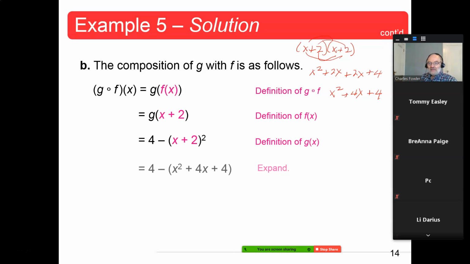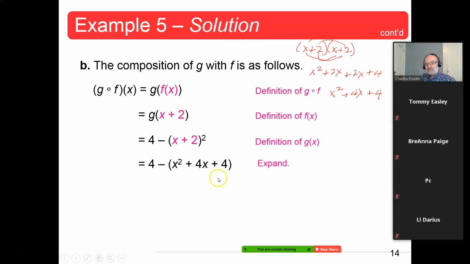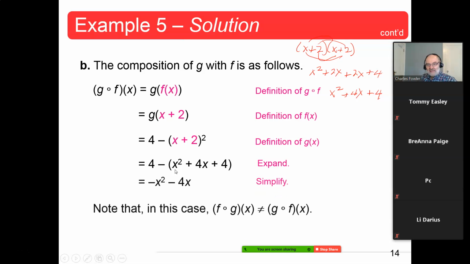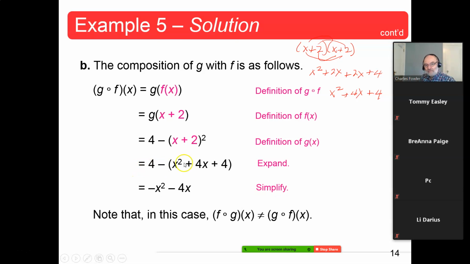So this will be 4 minus what we just found out, x squared plus 4x plus 4, and then distribute that minus sign across the parentheses, and the 4 minus 4 add to 0.